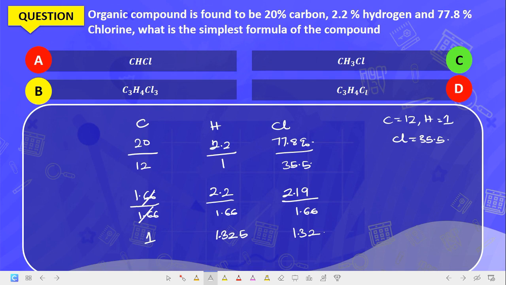If we multiply both sides by 3, here will be 3. If you multiply 1.325 times 3, that will give us 3.9.